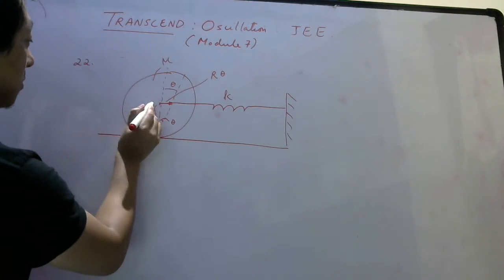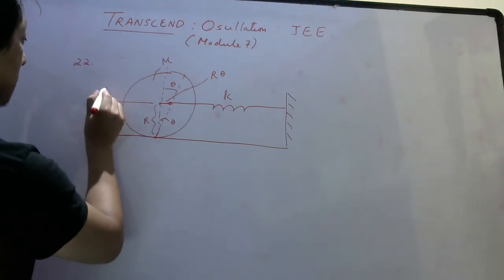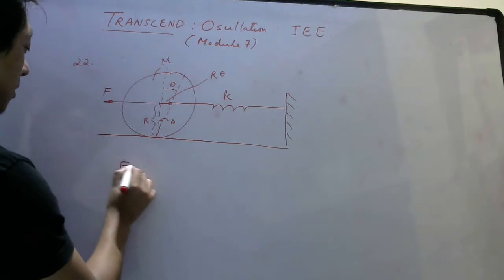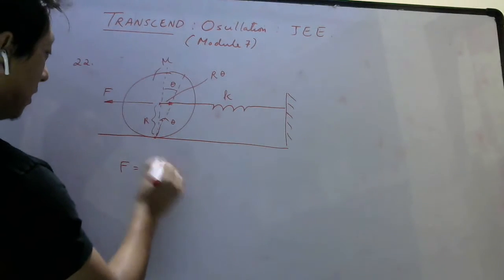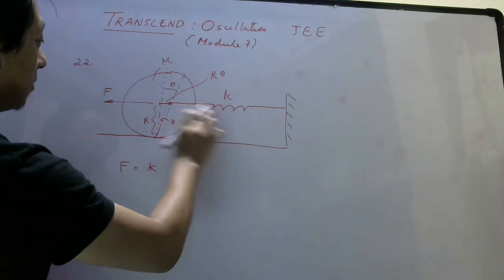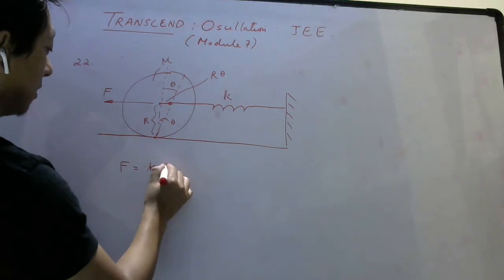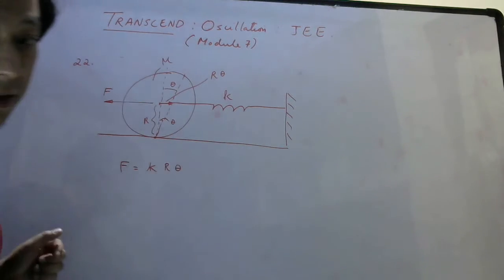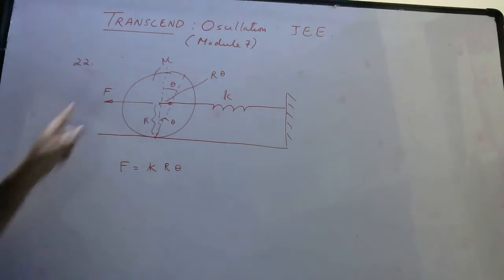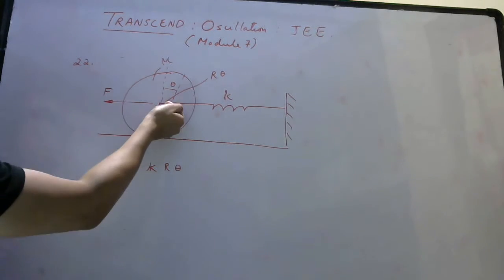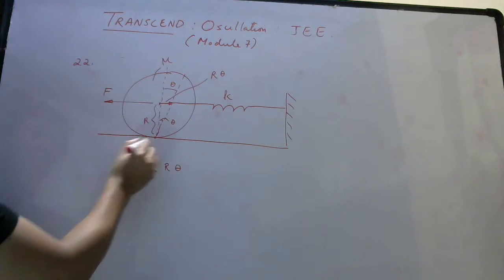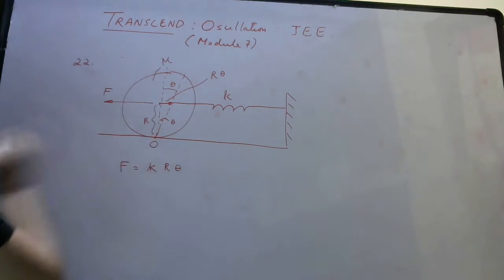So there will be a spring force in this direction, and that spring force will be k times the displacement of the spring, that is r theta. Now this force will try to create a torque. Let's calculate the torque about this point.